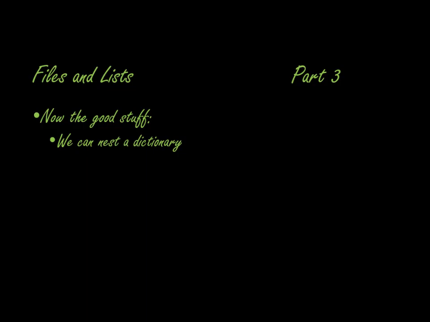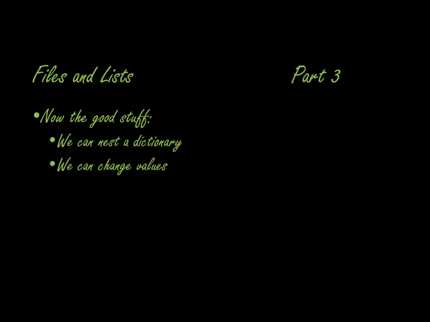Now, when we get started with that, you'll see that it starts to get complicated, and I'll remind you of that a little bit later. But the ability to nest a dictionary allows us to create a very, very usable tracking system for any object that we want to collect data about. Second of all, we can go in and modify the values.